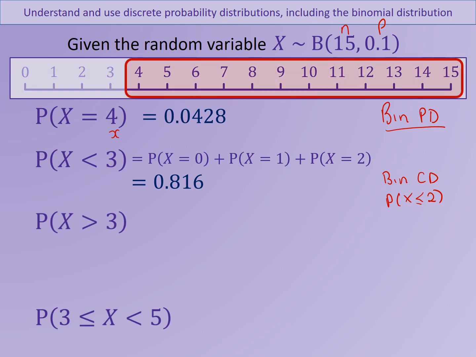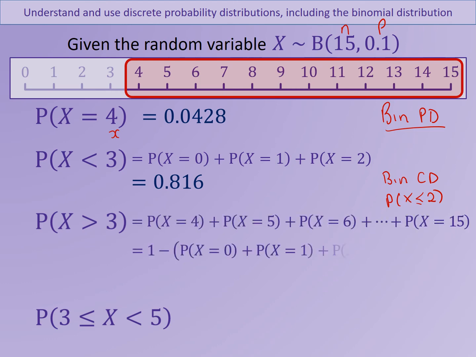For the next question, we have x is greater than 3, so we would like all of these probabilities added together. We can add up all of those individually, or we can do 1 minus the probability of all of the values lower than 4. Just checking that's right there.